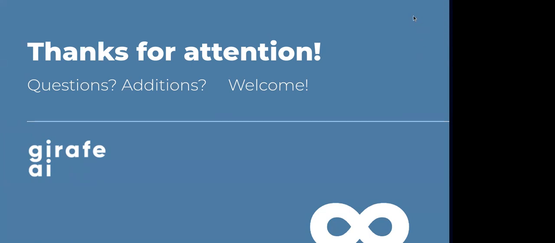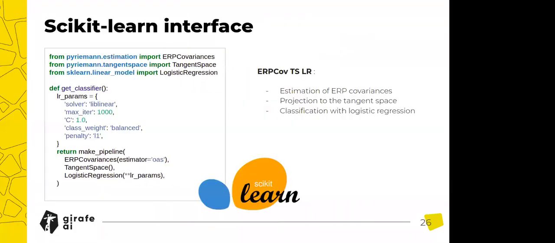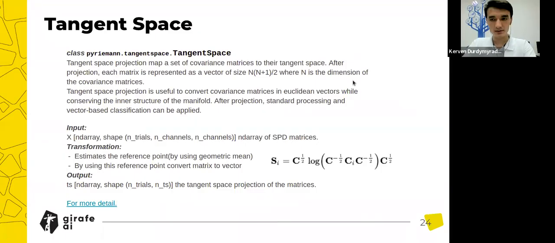One question, please, about dimensions. The dimension of the manifold, and how it corresponds to channels or epochs and so on. How do you choose the dimension in this task?